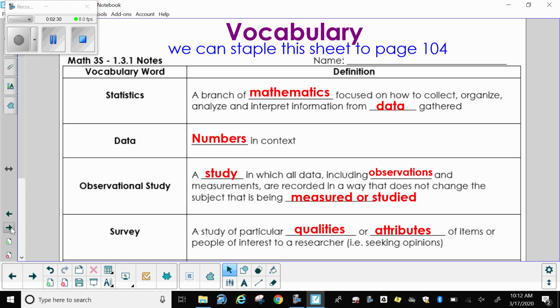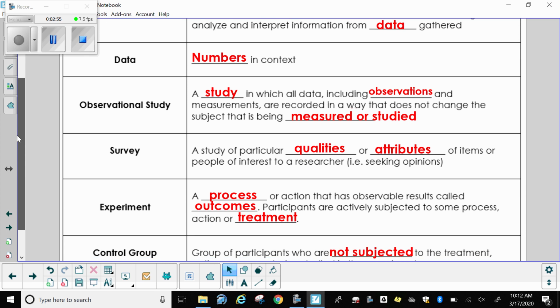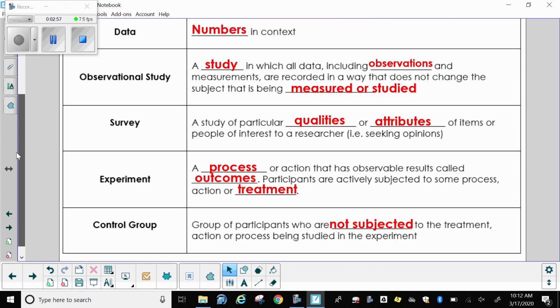If you were not here on Friday, you can take notes on this, or just remember this is here for you to reference back to whenever you want. You should have a little vocab handout, probably half a page. Notice it says 131 notes at the top, and you can go through at your own pace and fill in the terms.